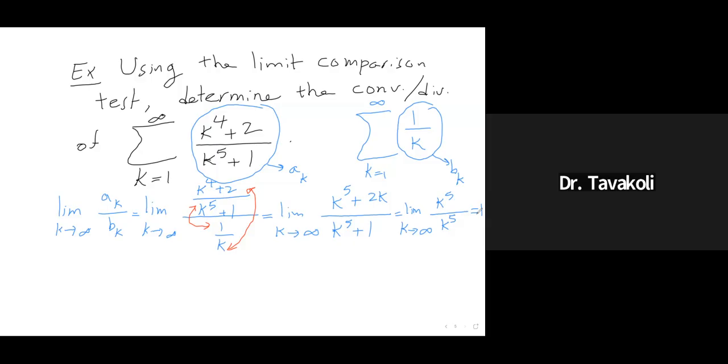Since the limit of the ratio of the general terms of these two series is a number neither 0 nor infinity, the limit is 1, then sigma of (k to the 4 plus 2) over (k to the 5 plus 1), in terms of convergence or divergence, is like sigma of 1 over k.